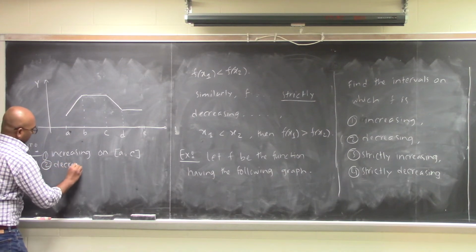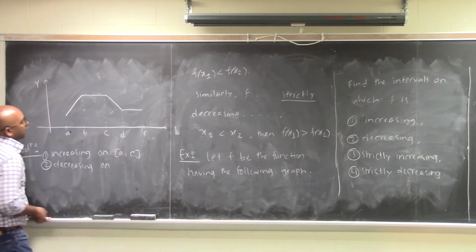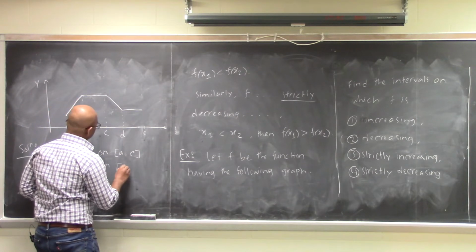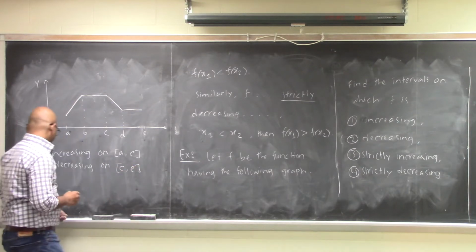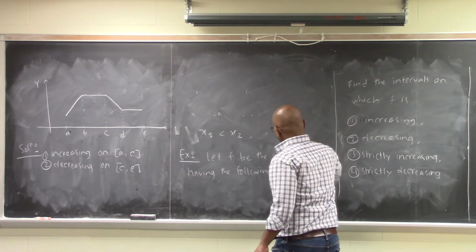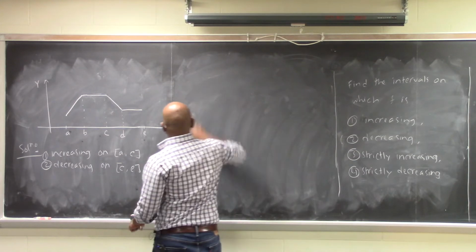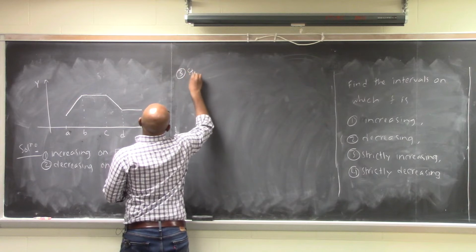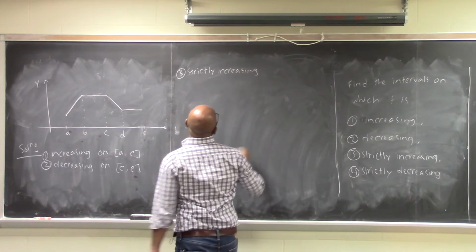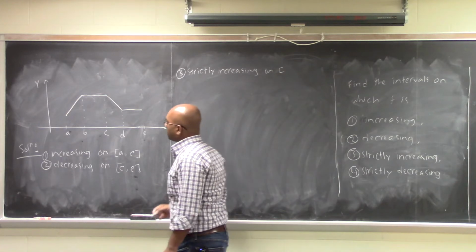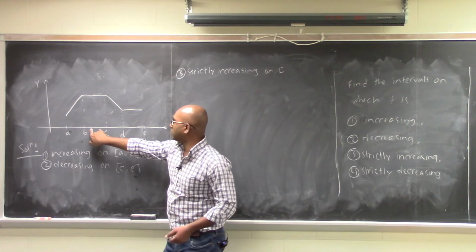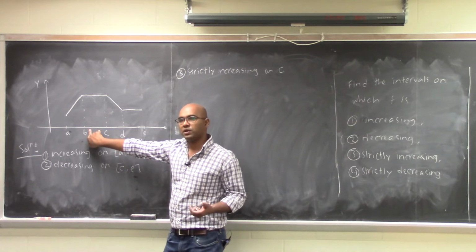Decreasing on C to E. And then we have strictly increasing on A to B, because on B to C, notice you give 2 inputs, the bigger input will have the same output as the smaller input.